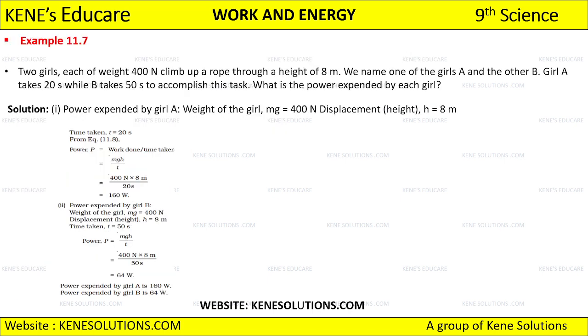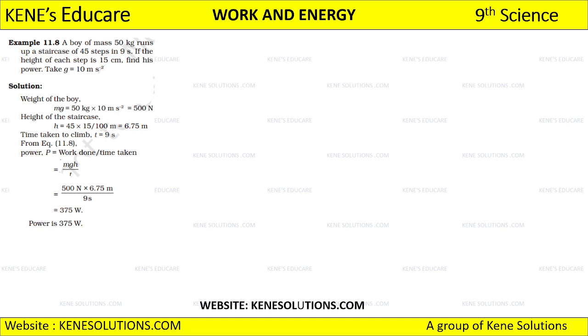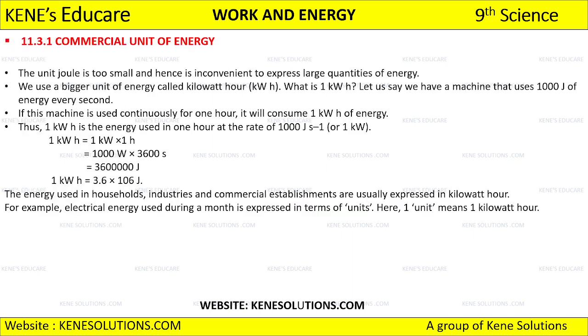Then we have example 11.7 to discuss. We'll be discussing that too. Then after that we have example 11.8 to discuss in detail. We'll be discussing this as well. Then we have the commercial unit of energy to discuss, right?